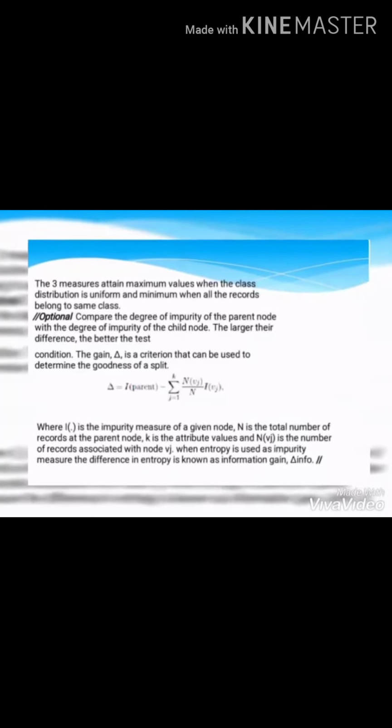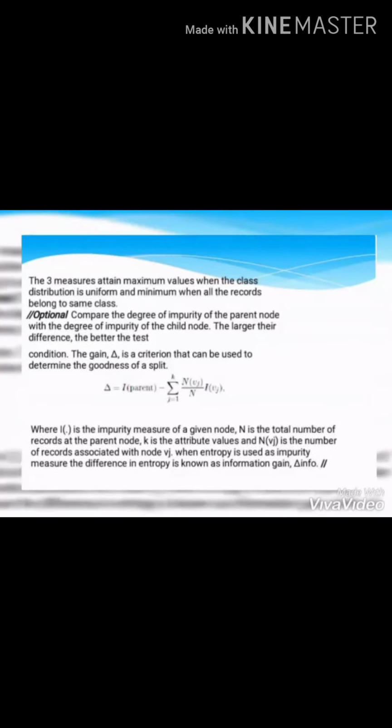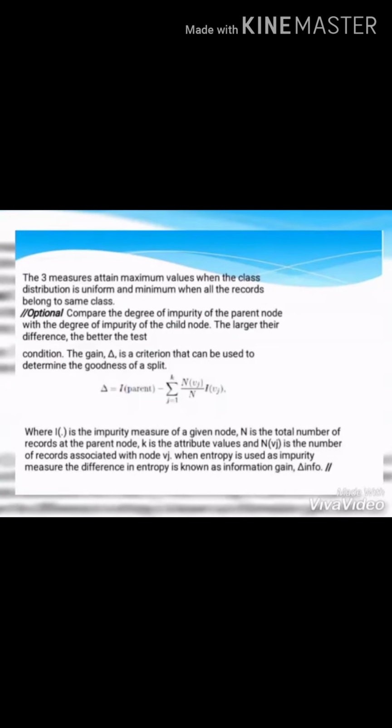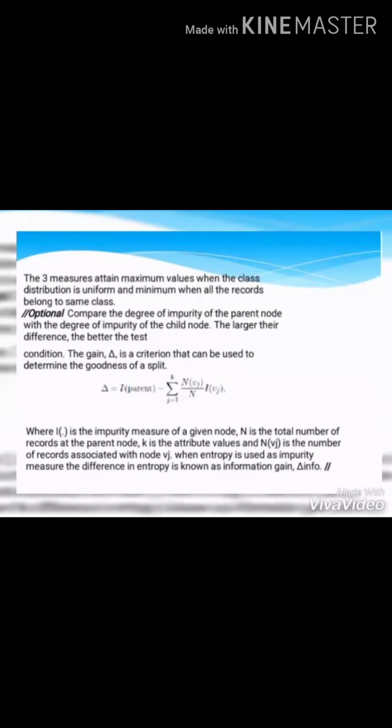In this equation, I is the impurity measure of a given node, N is the total number of records at the parent node, k is the number of attribute values, and N(vj) is the number of records associated with the node vj. When entropy is used as the impurity measure, the difference in entropy is known as information gain. This information gain is represented by delta info.